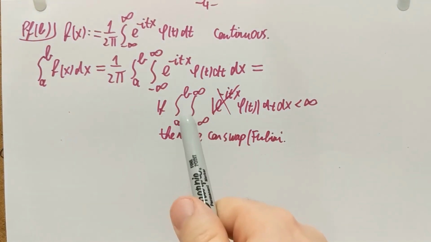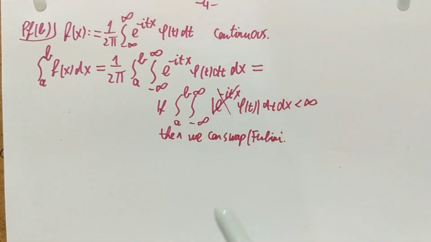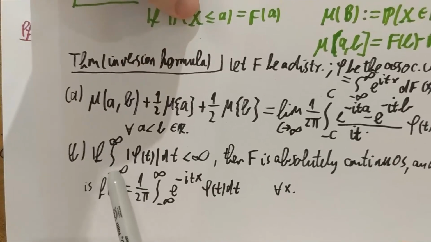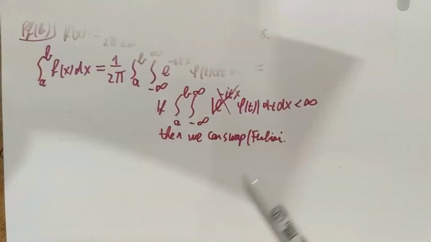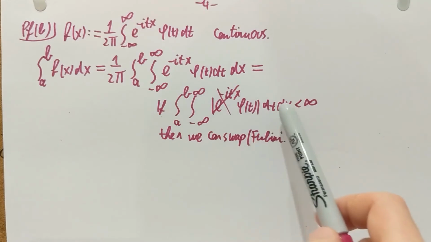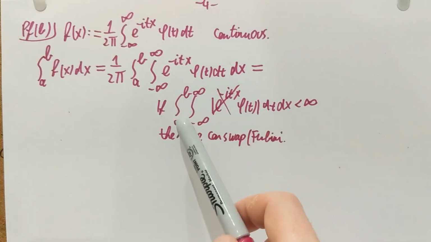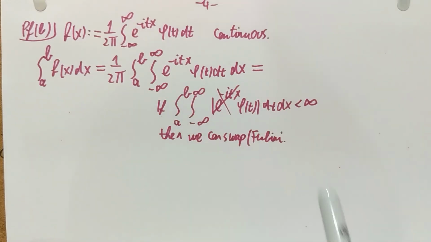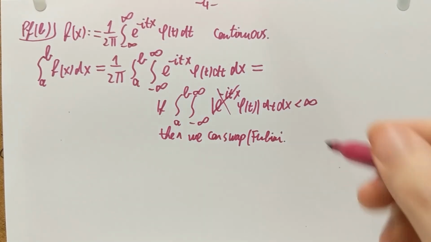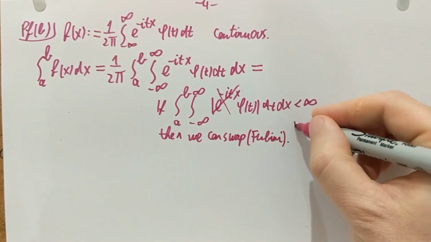The integral of phi is by assumption finite, and that was the assumption we made in part B: the integral from minus infinity to infinity of mod phi is finite. This finite integral only gives a factor b minus a, so this is fine.